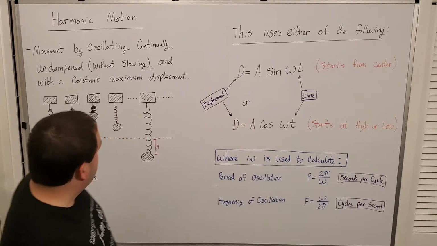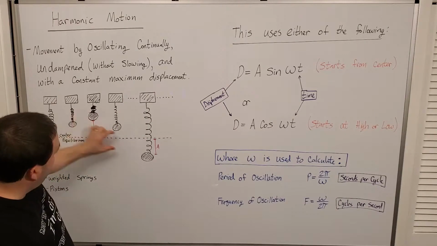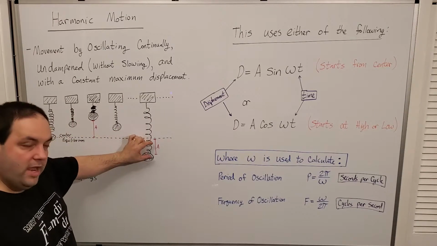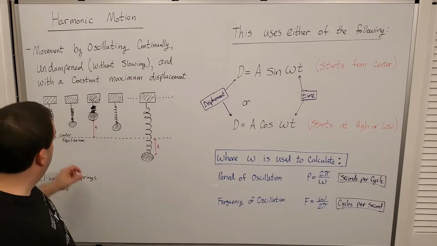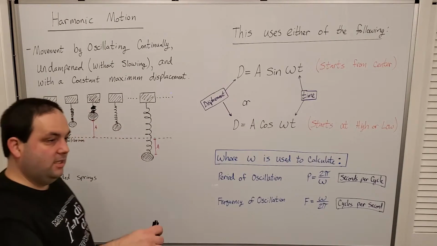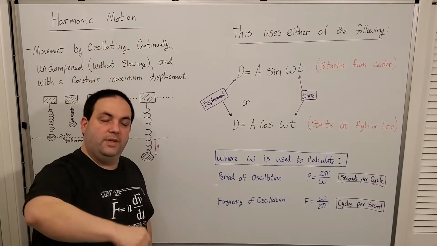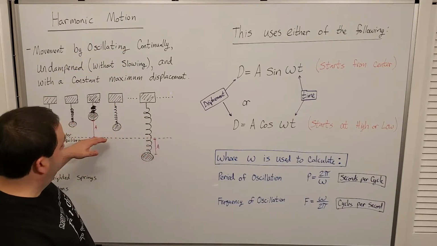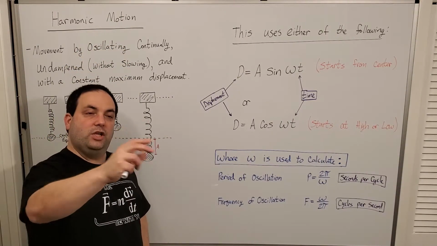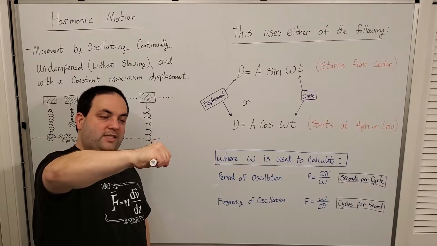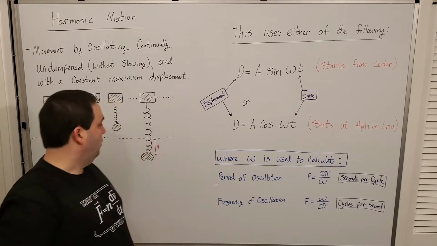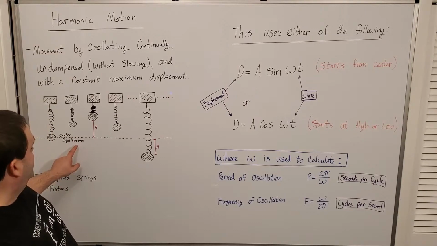As I said, the A is going to be the amplitude, which is going to be that maximum distance away from equilibrium. Now the example here that I have has the ball bouncing up and down from a center line. And if I had never touched the ball, the thing would be sitting on the center line. So that's why it's called equilibrium there.